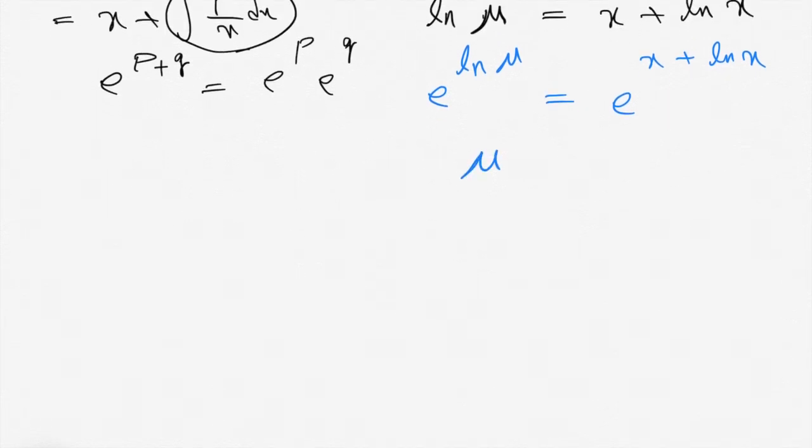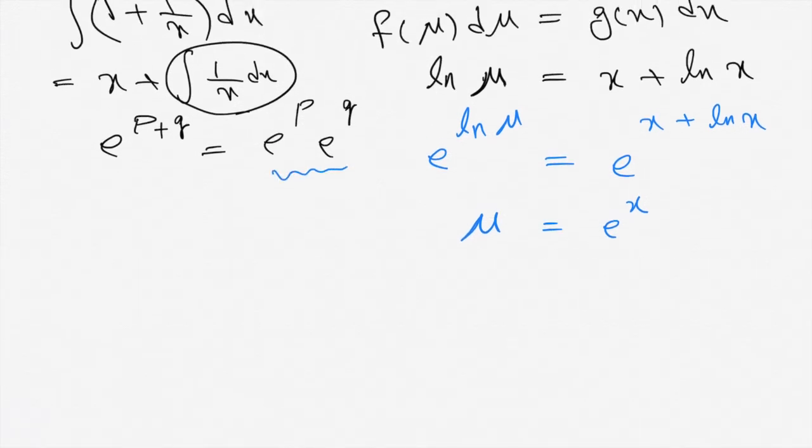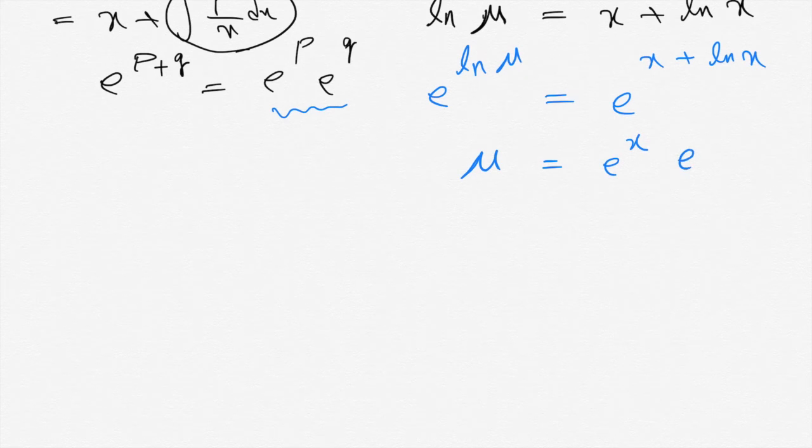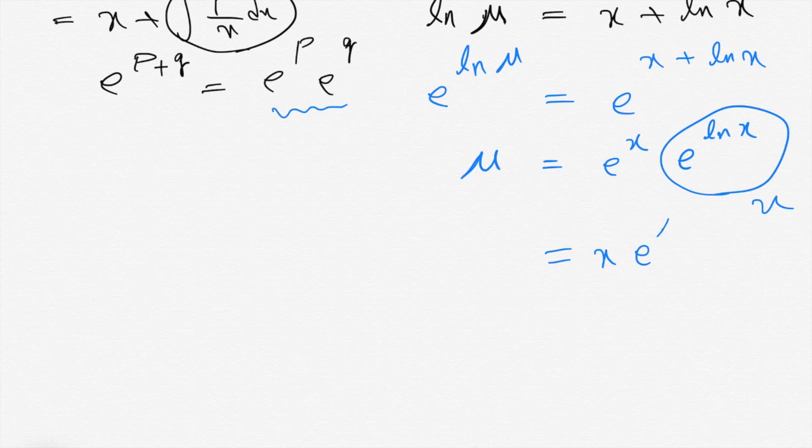This is going to be mu, just getting rid of ln, and here it's going to be e to the power x times e to the power ln of x, which you can actually write as x.